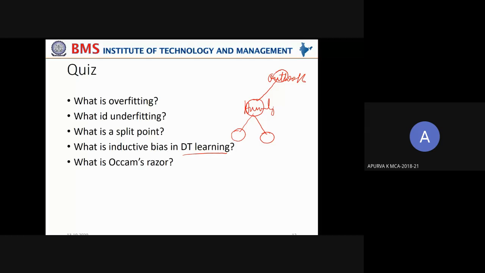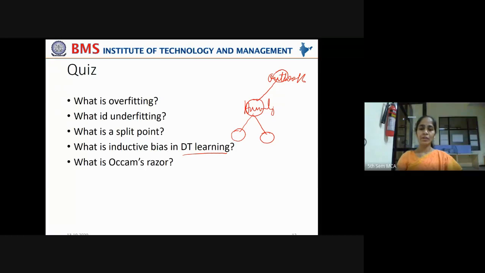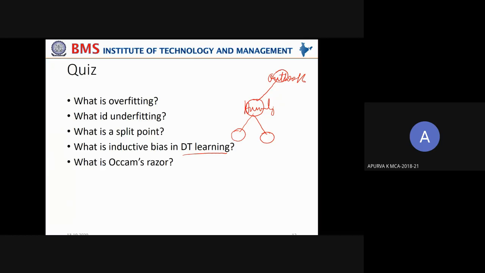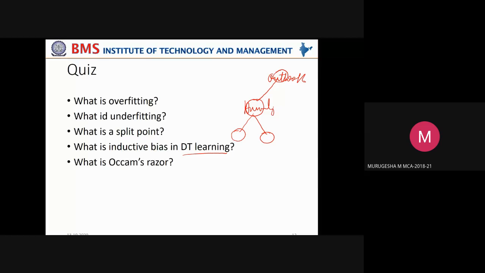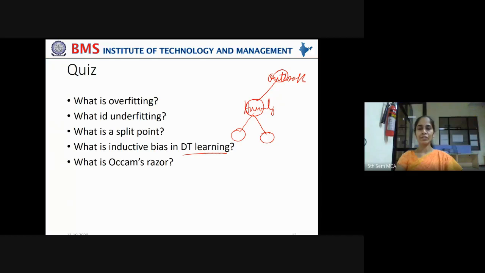To generalize a finite set of observations. Be louder, the voice is breaking. Selects in favor of shorter trees over longer ones. Selecting shorter trees over longer ones. What is the second assumption?